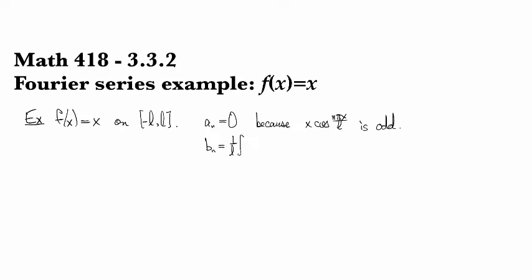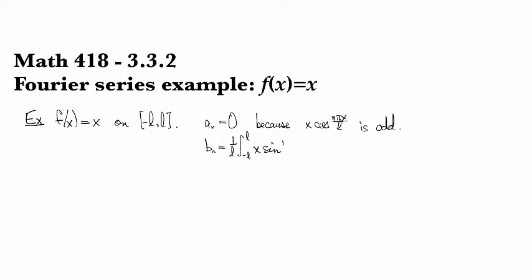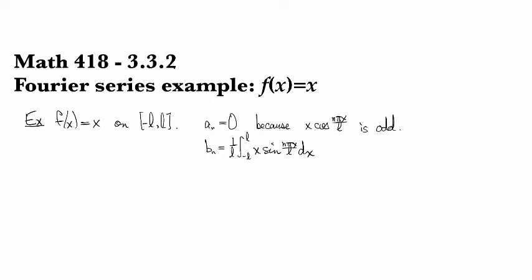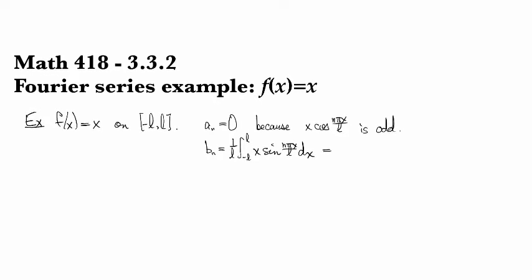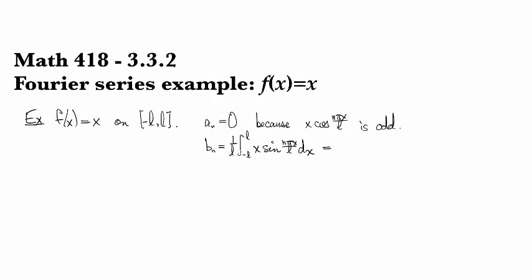So we have the integral from minus L to L of x sine n pi x over L dx. And so then this involves doing some actual work. I recommend using Mathematica or some other computer algebra package.